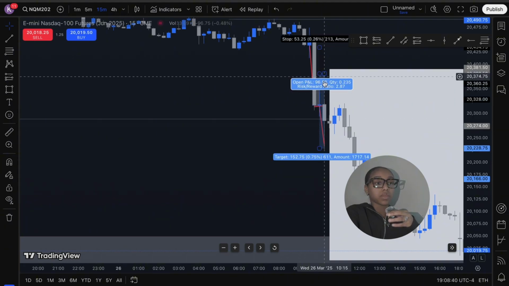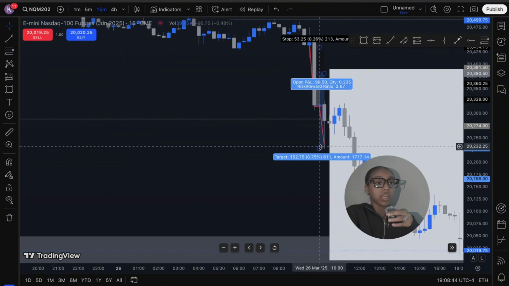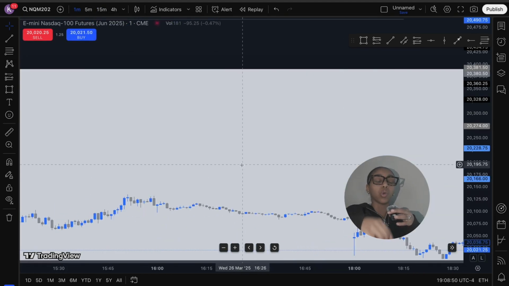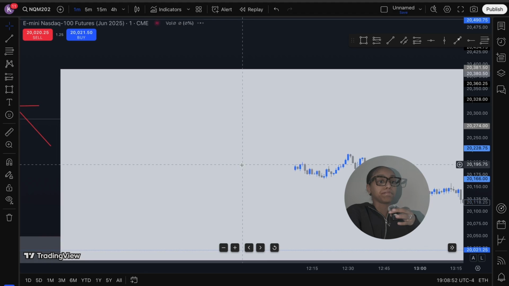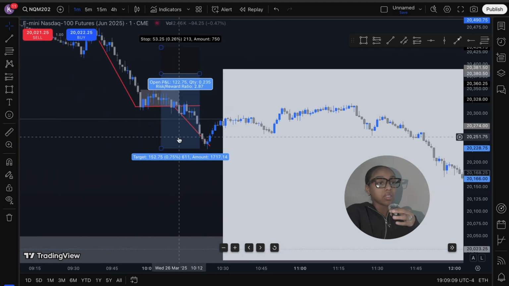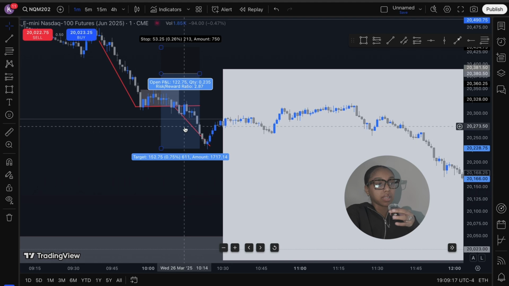At this point right here, I moved my stop loss to break even. Once we broke past that level, I just trailed my stop loss. After this point, I was just adjusting my stop loss, and then once it came up and tapped me out, I got out.